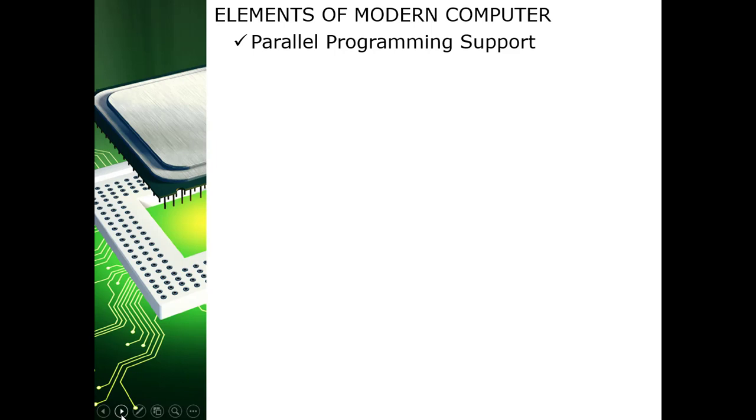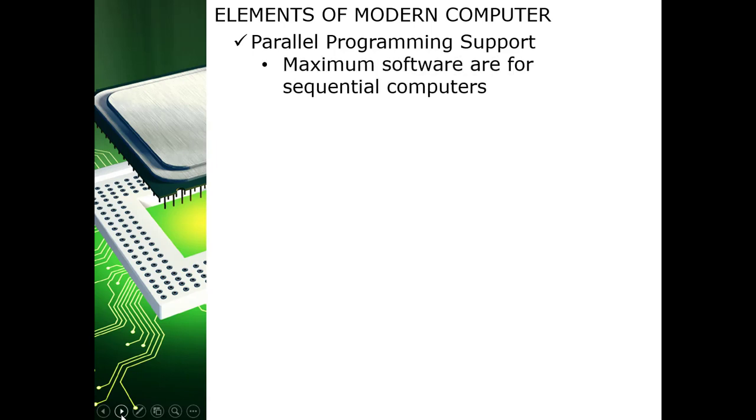There is no full support of hardware and software for the parallel programming process. As per today's trend, even though we initiated the parallel processing concept and are talking about it, practically a parallel programming support is needed on both the hardware and software side.